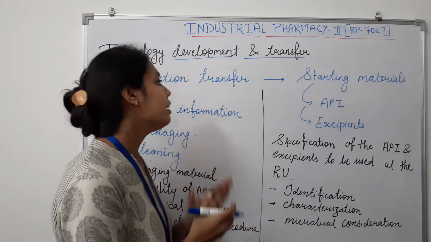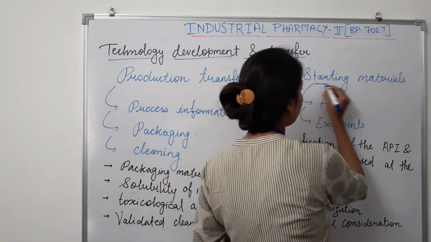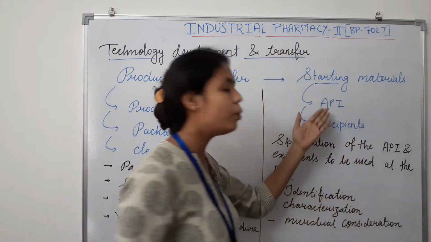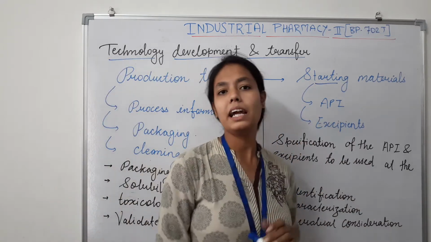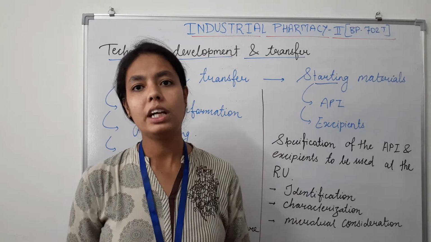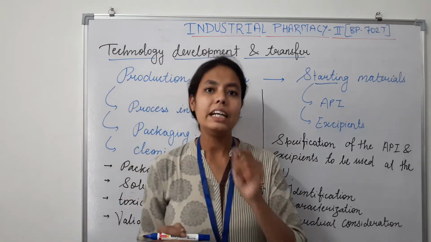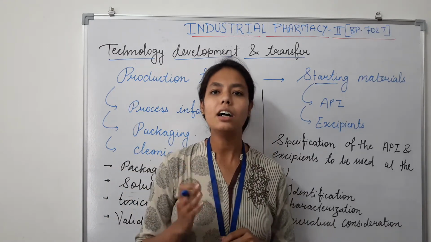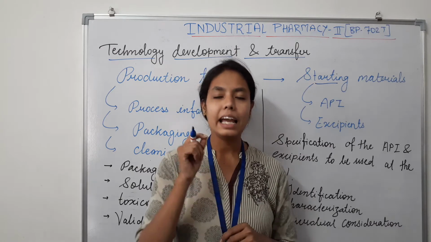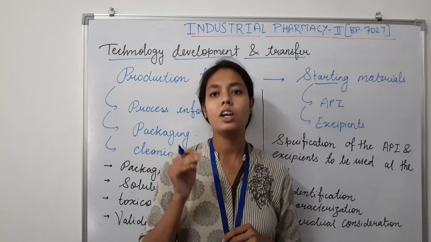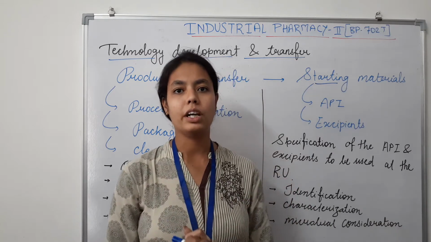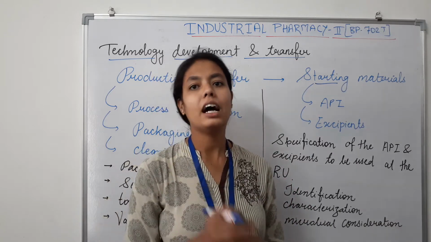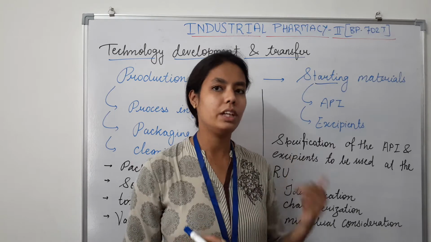The starting materials are categorized into two: API and excipient. If we talk about API, that is active pharmaceutical ingredients, the sending unit should provide the drug master file and any relevant documentation or information on the API to the receiving unit, which has to be checked against the specification of the API.